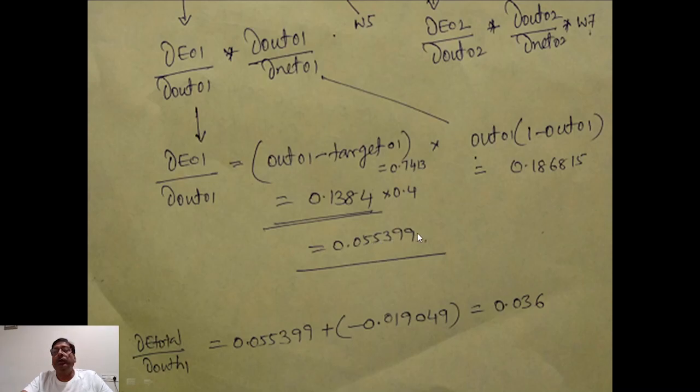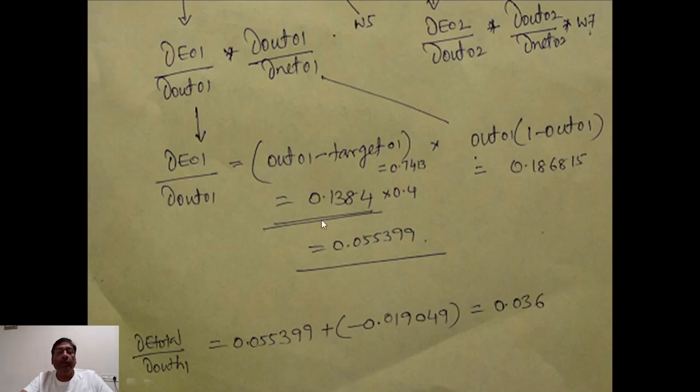0.055399 and so on. Now, similarly, you need to calculate this for EO2 upon out O2 multiplied by out O2 upon net O2 multiplied by W7. So when you perform the calculation over here, you are going to get the value for that as minus 0.019 and so on.